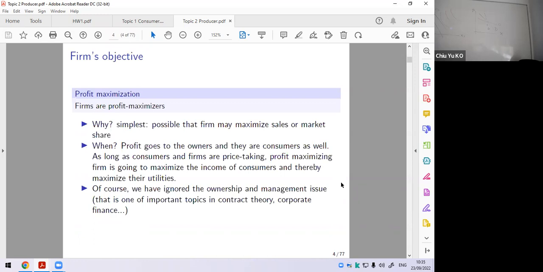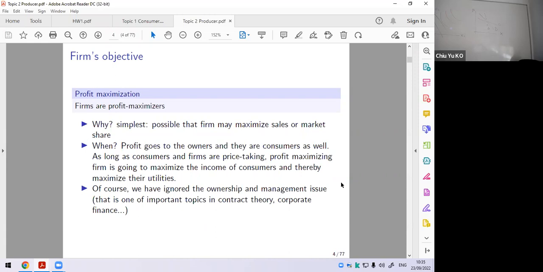I think last time we focused on looking at the profit maximization problem, because firms are profit maximizers, and this assumption is okay when we forget about the internal mechanics of the firm, just like the firm is a black box. We don't talk about promotion, human resources, or the incentive problem within the firm.